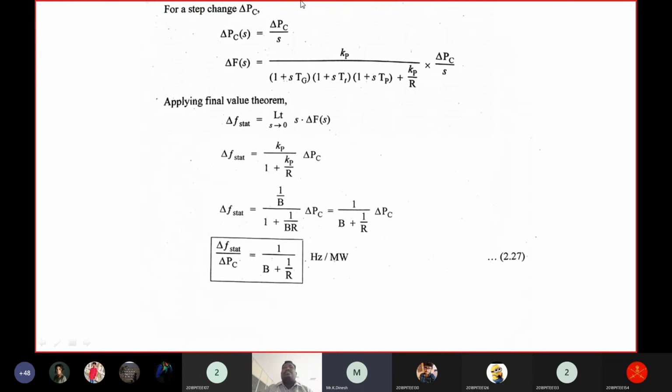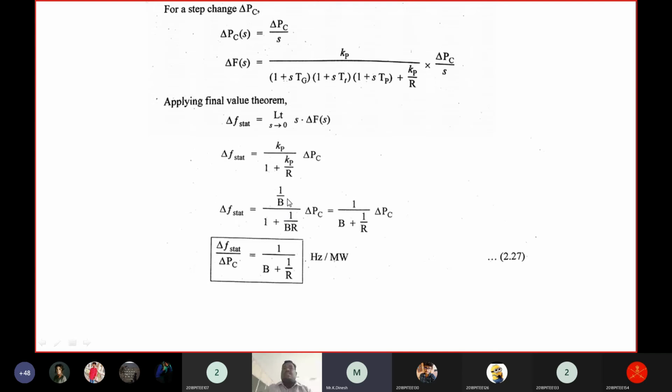So in the next step, I am going to apply my step input, del PC. After applying, I put S equal to 0 by applying the final value theorem. So I get KP by 1 plus KP by R times del PC. So KP we can write as 1 by B. So in all, I write 1 by B divided by 1 plus 1 by B times R, into PC.